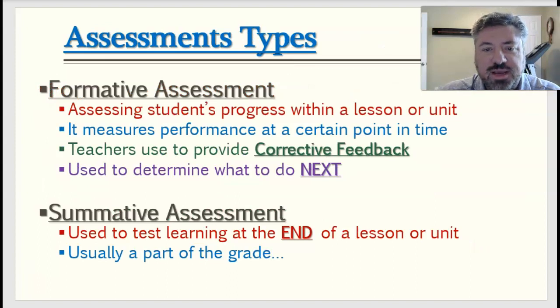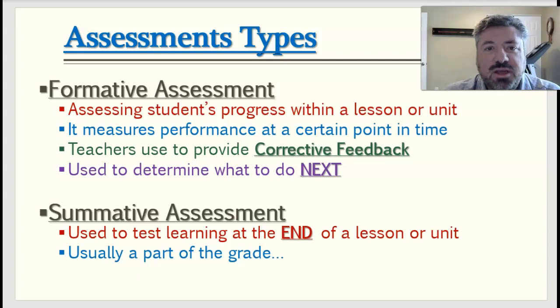So let's understand, because you're going to have to detail these different types of assessment on your lesson plan, it's important to understand the difference between formative and summative assessments. Summative, I always say, use the context clue of summary. Where's the summary of a paper? It's near the end, all right? But let's start with formative.